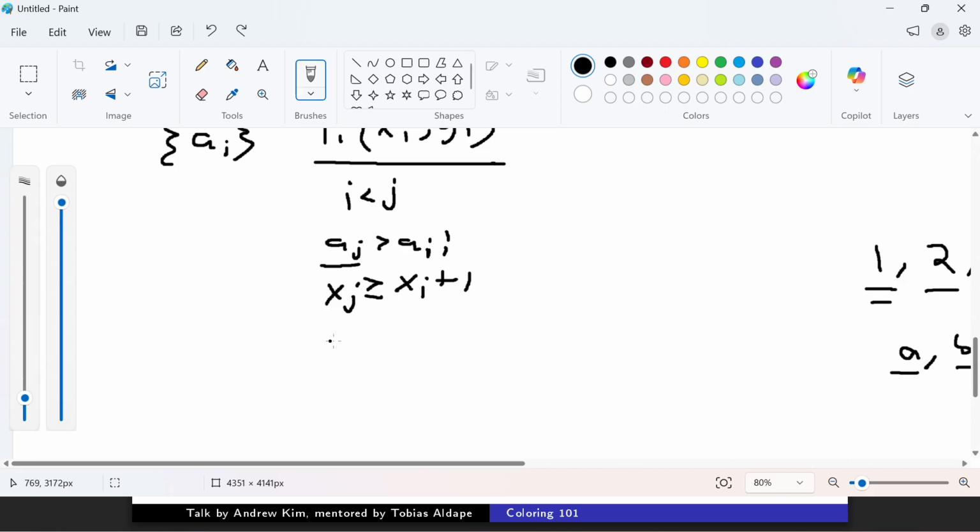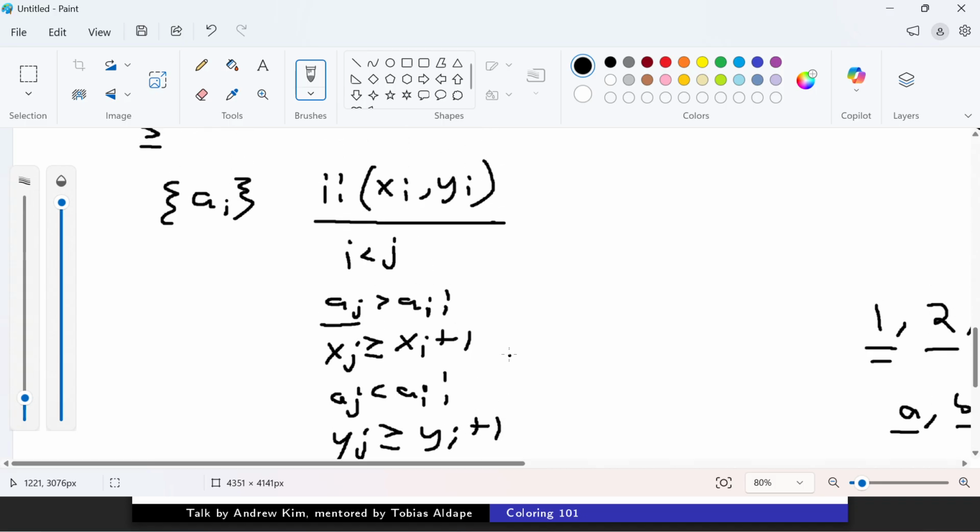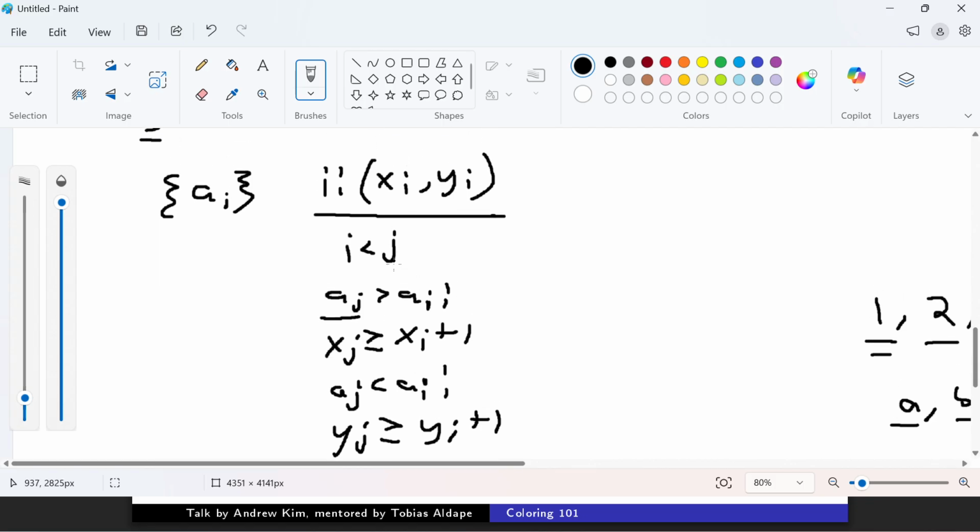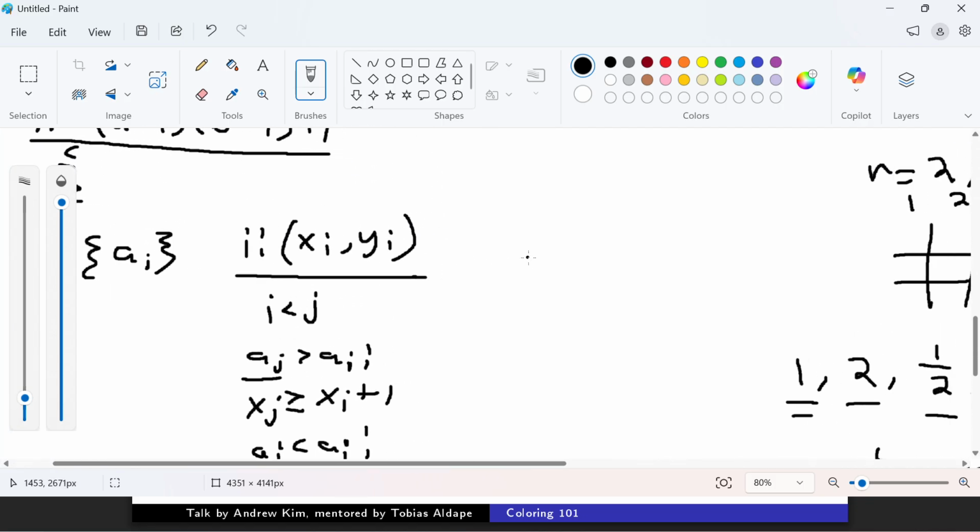And then similarly, in the other case, if a_j is less than a_i, then we get y_j is at least y_i plus 1. So now we've shown that all the labels have to be distinct.